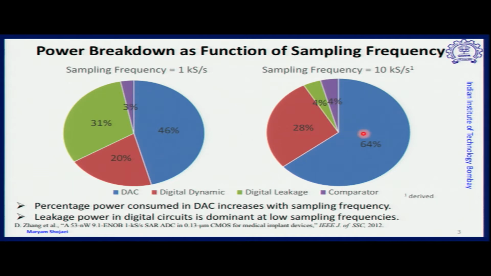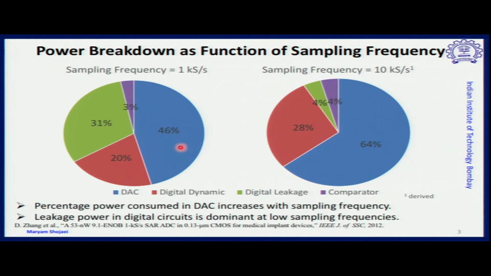Now we will move to higher frequency. For example, here sampling frequency has been increased by a factor of 10. So the contribution of leakage power drastically reduces, and the contribution of dynamic power of the logic circuit increases from 20 to 28%.